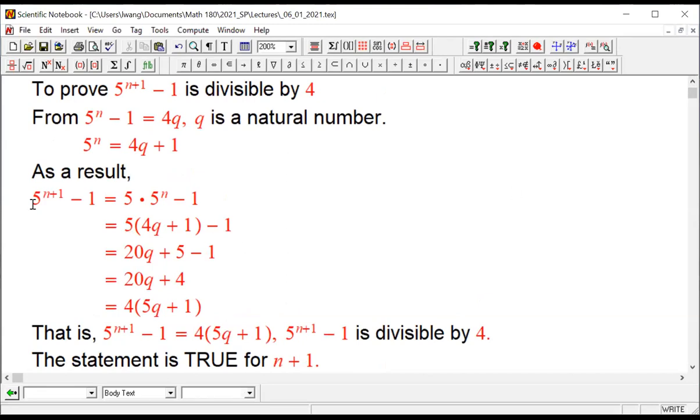Is this the one you're talking about? So what's your question? Where did we get 5 times 5 to the n from? Because 5 times 5 to the power of n is the same as 5 to the power of n plus 1. Oh, okay. Yeah, so we just split it.